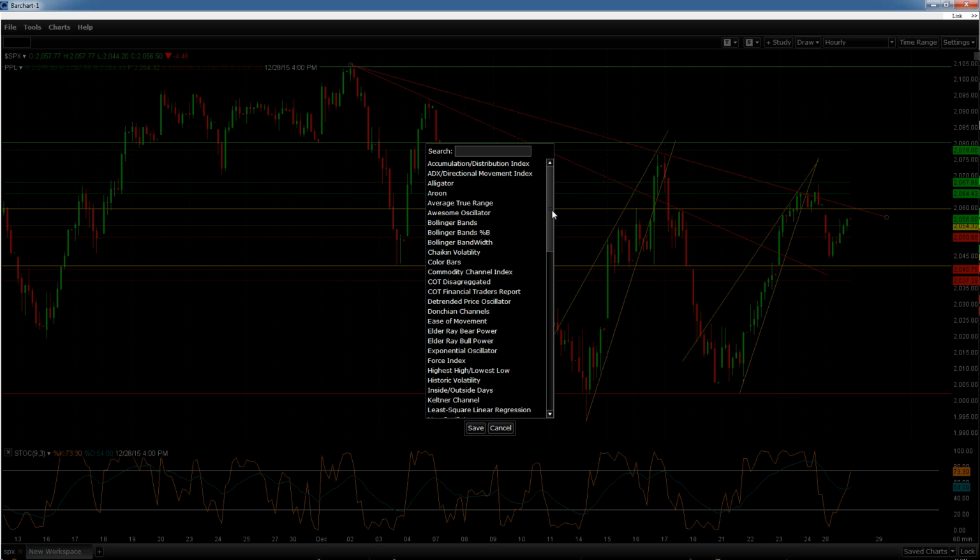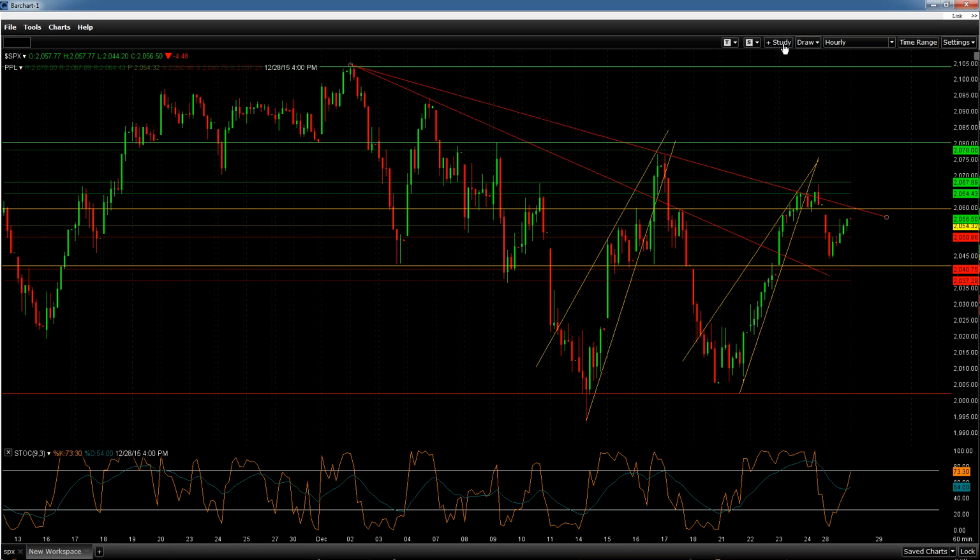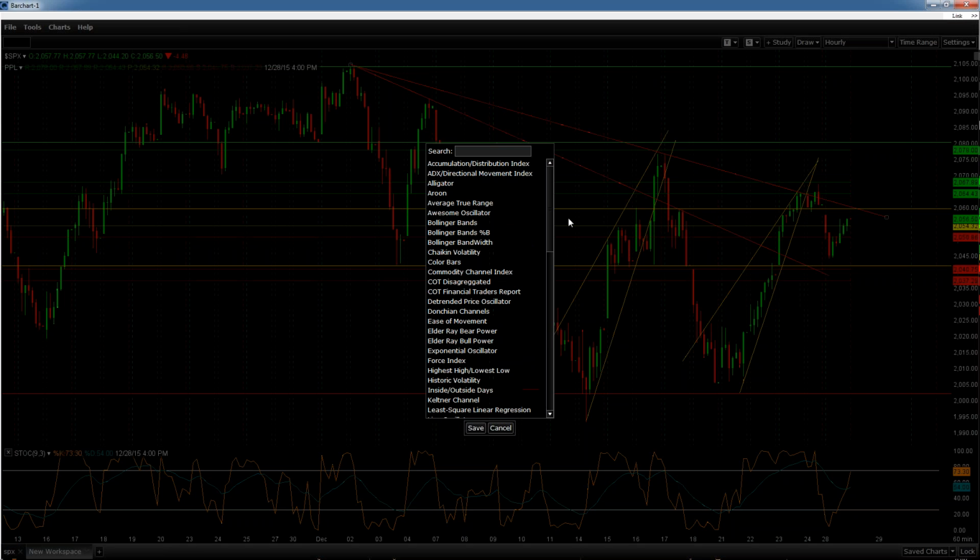So, saying all that, you hit study up here when you put this chart up. On Quad, you have to have the platform first. You hit study. There. And I will tell you that you will need a reasonably powerful computer to run the Quad platform.